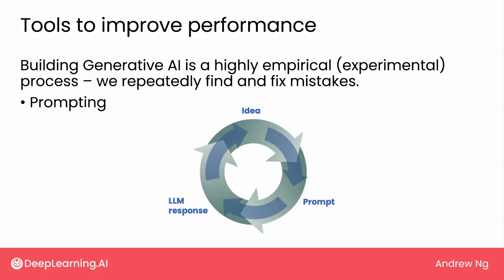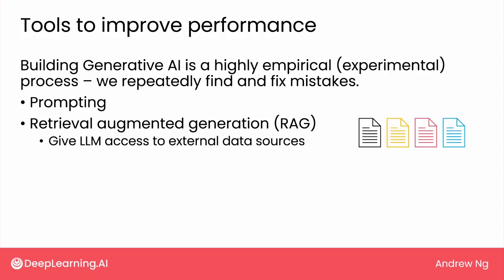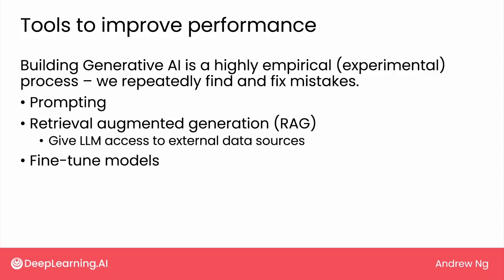But other than updating the prompts, there are other tools that we'll talk about this week for improving the performance of your generative AI system. One tool that we talk about later this week is RAG, or Retrieval Augmented Generation, that gives the large language model access to external data sources. We'll also talk later this week about a technique called fine-tuning that allows you to adapt a large language model to your task.